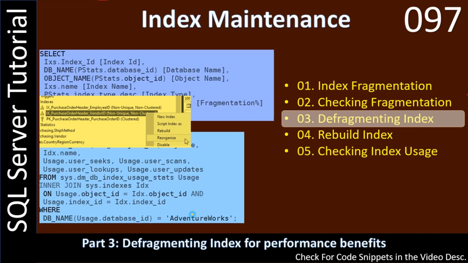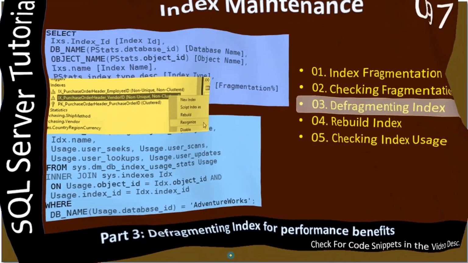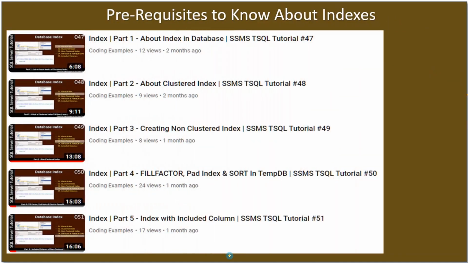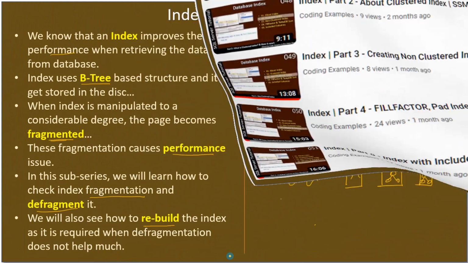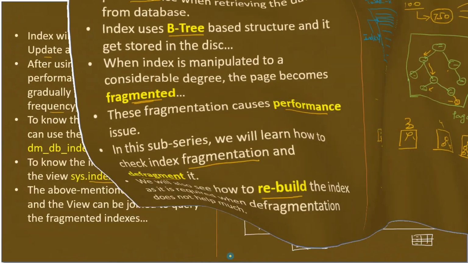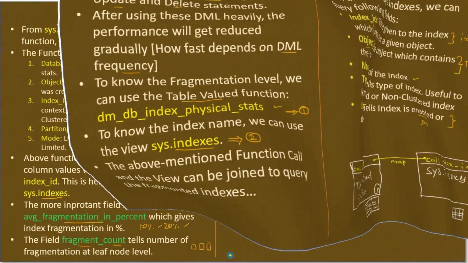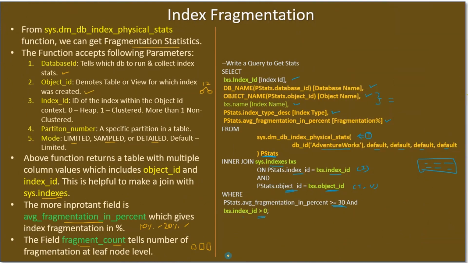In this video, we will see how to perform index defragmentation. In the last video, we looked at getting the indexes that require maintenance. The maintenance can be in terms of defragmenting, and it can be done using reorganizing or rebuild.